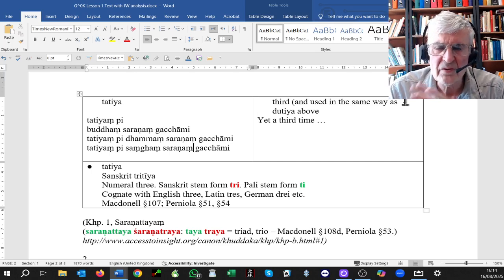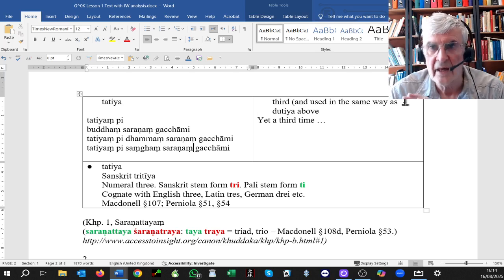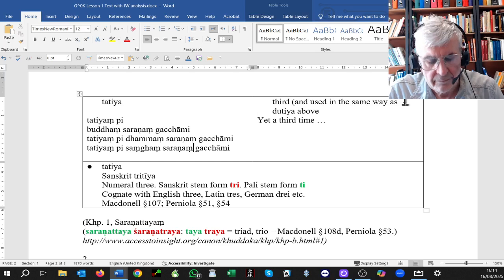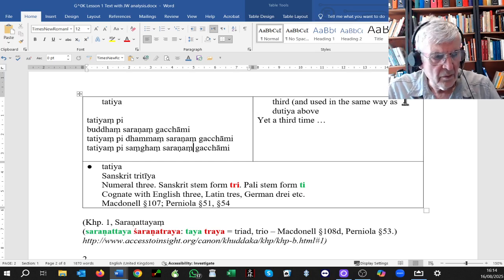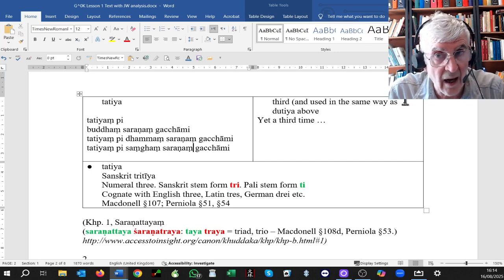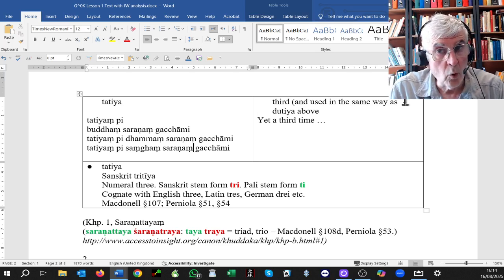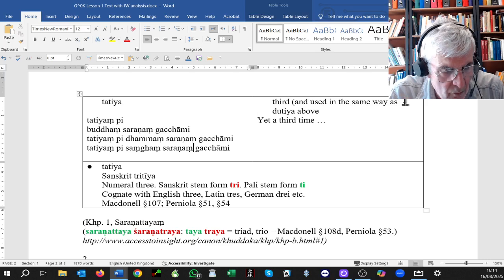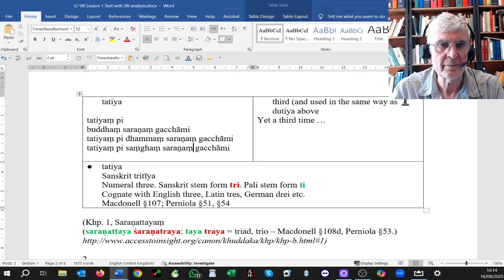Now, what happens to that sound when another word follows? So at the end of a word group on its own, for Pali, pronounce it as an ang. When another word follows, its default mode is that it will remain ang. However, the sound will alter to suit the point of articulation, as where the tongue and the mouth are placed, the organs of articulation at the time it comes out.